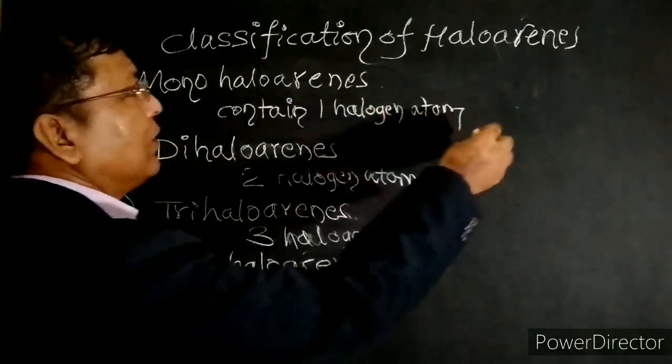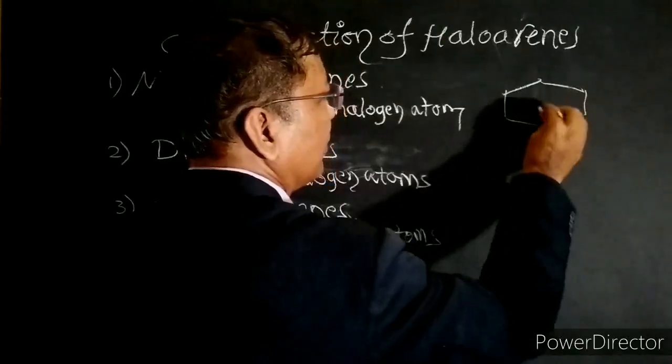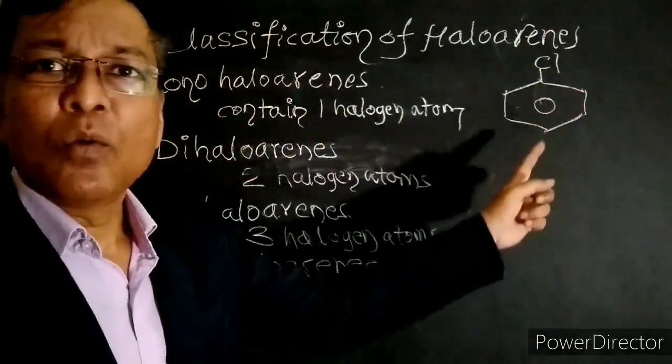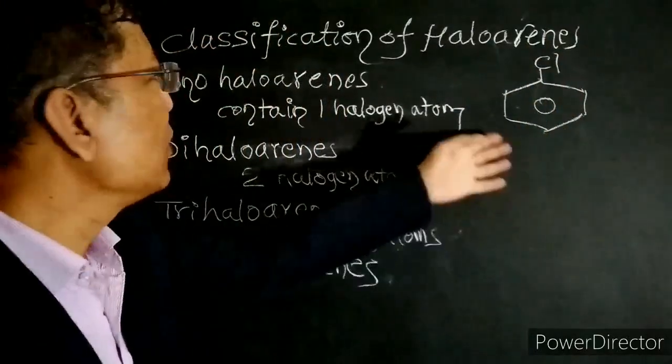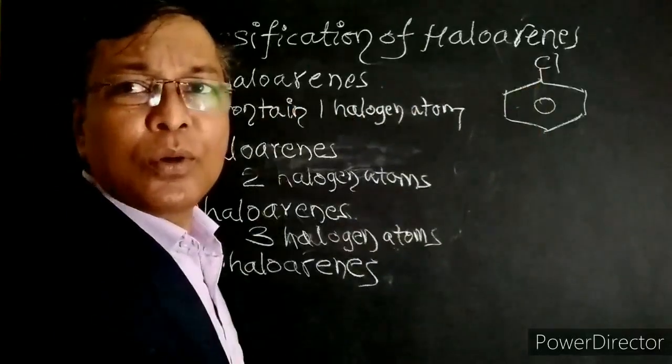Let us take one example of a monohaloarene. This molecule contains one halogen atom, therefore this is a monohaloarene. The name of this compound is chlorobenzene.